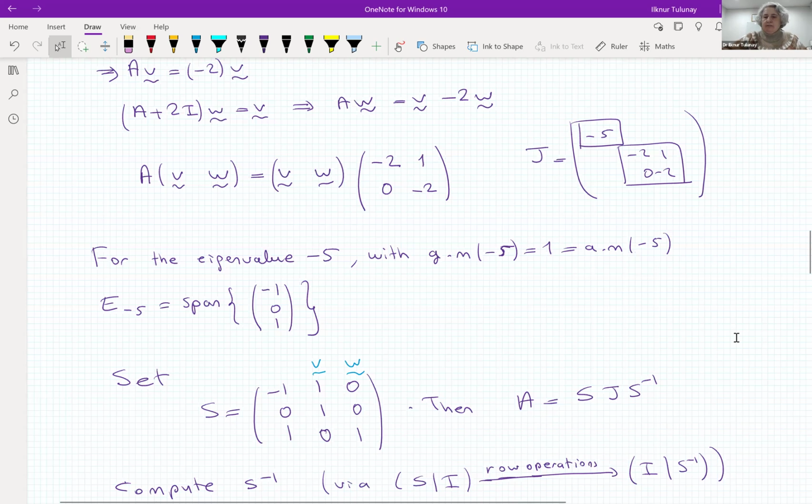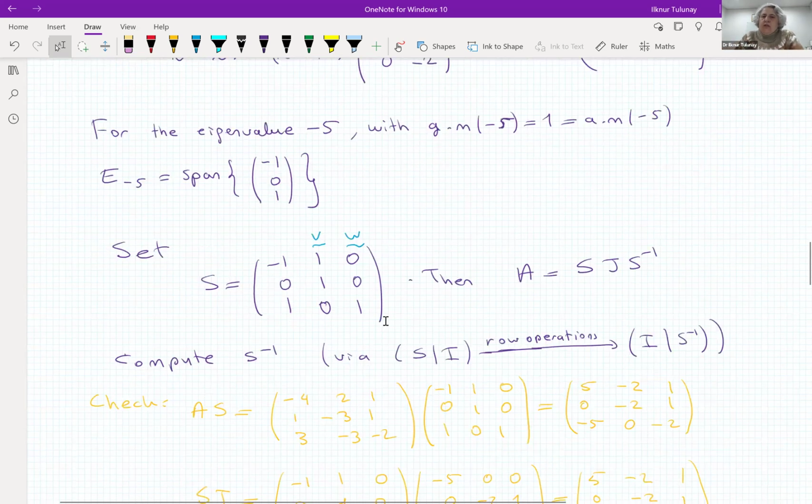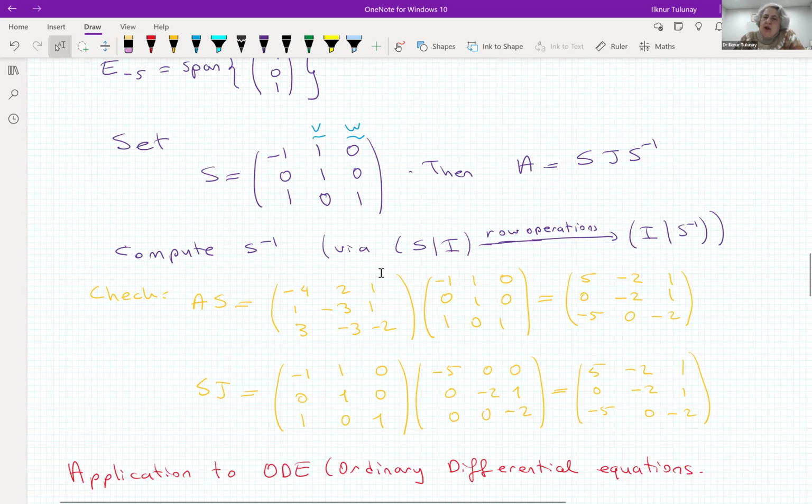Let's check it. You know how to compute the S inverse. You put the S here, you have the identity matrix, and you construct a large augmented matrix. You apply row operations. In the end, on the left-hand side, you find an identity matrix. Your aim is to find the identity matrix.